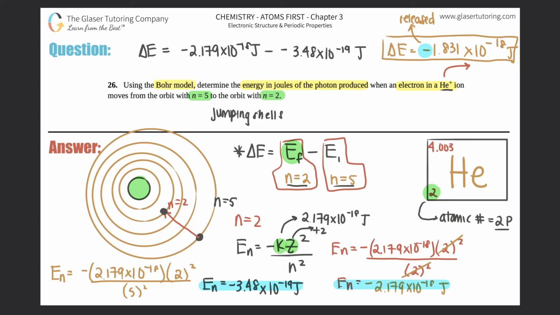When you go closer and closer to the nucleus, energy will be released. If you go farther and farther apart from the nucleus, energy will be absorbed. So if you go closer, you will always get a negative number. And if you go farther away, it will always be a positive number.